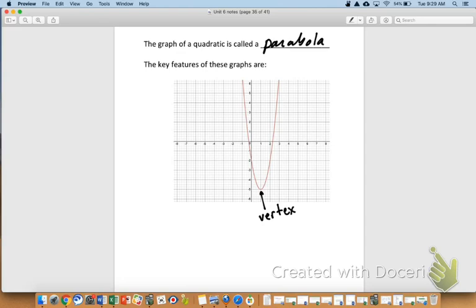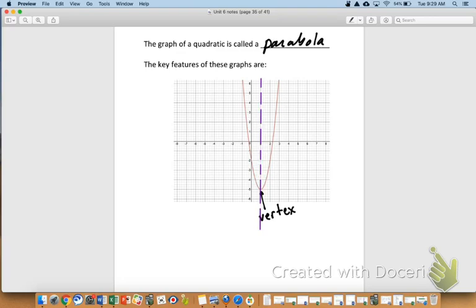Did you guys notice that there was a very lovely symmetry on that parabola that I drew? And you can probably see it here too. This purple line that I'm drawing here, I'm going to turn it into a dotted line because it's not really a part of the parabola's graph.